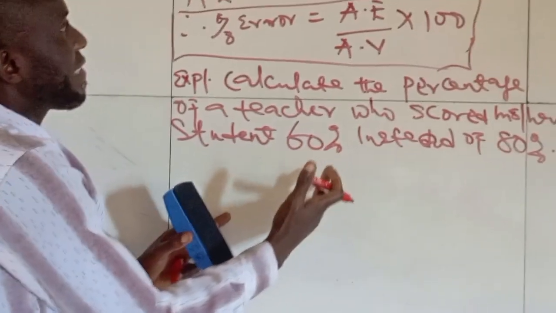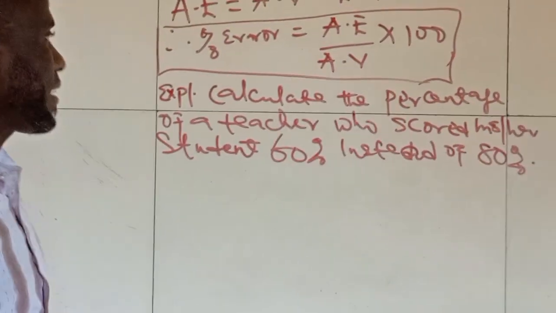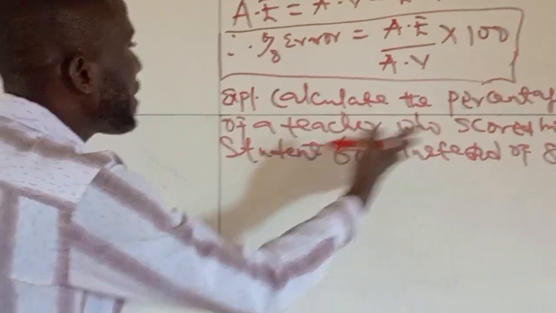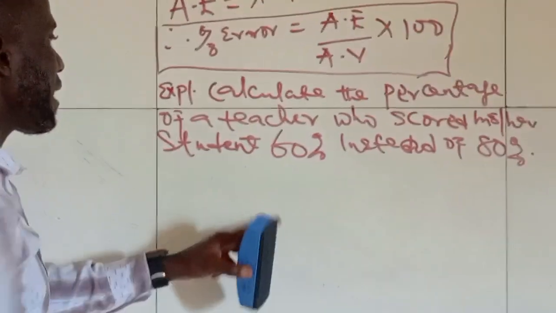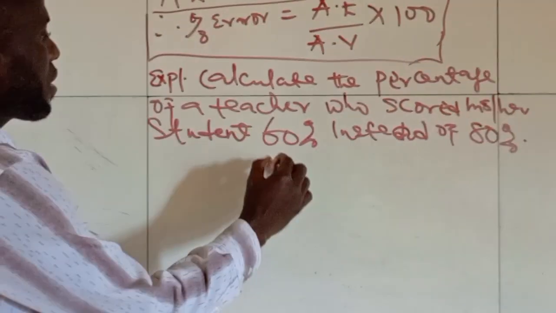Now this is a simple example with regards to percentage error. Calculate the percentage error of a teacher who scored his or her students 60% instead of 80%.